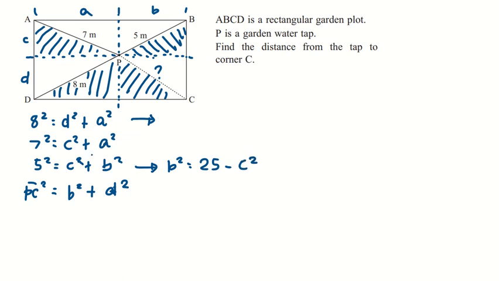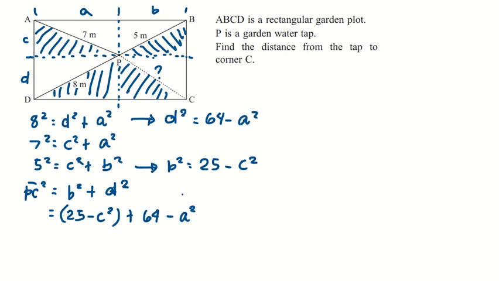And d squared, we can make this equation d squared equals 8 squared, which is 64, minus a squared. And let's plug them in here. b squared is 25 minus c squared plus d squared is 64 minus a squared.